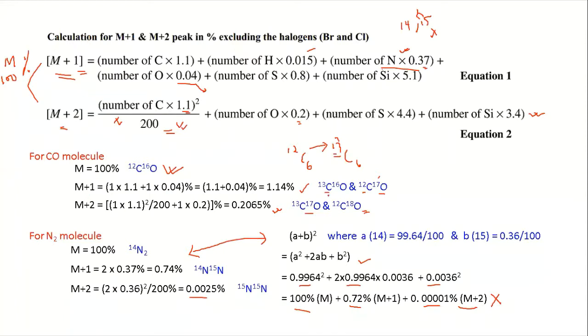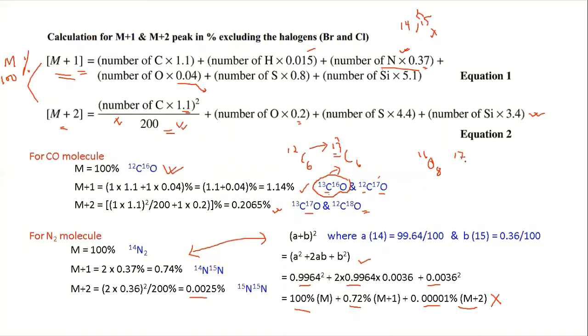So this molecule will contribute to the plus 1: 13C16O. Oxygen is oxygen 16, because 16O8 is the general isotope having the maximum abundance in nature.